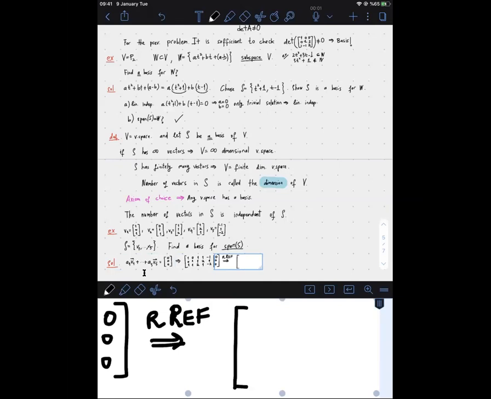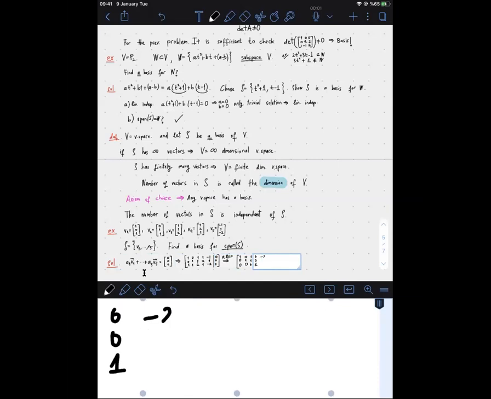We get something like this: 1, 0, 0, and 0, 1, 0, 1, 1, 0, 0, 0, 1, and -2, -1, and 1. This is 0. Okay, let's write the zeros here as well.